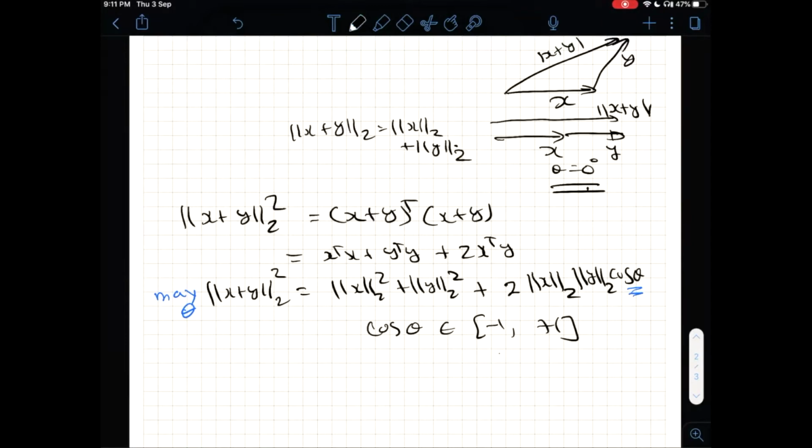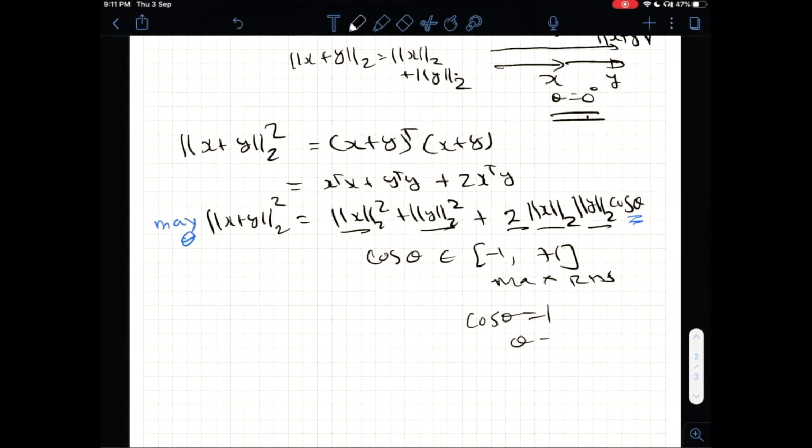So if you want to maximize the right hand side, because these terms are all greater than 0, what should I do to cos theta? I should take it to the maximum value, or bring cos theta to 1, or theta to 0.